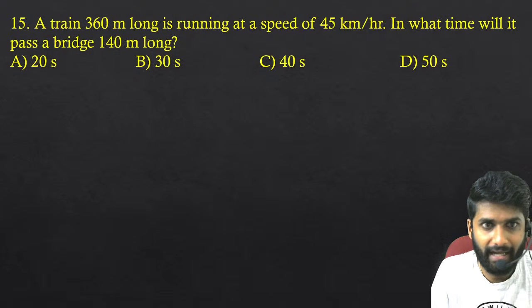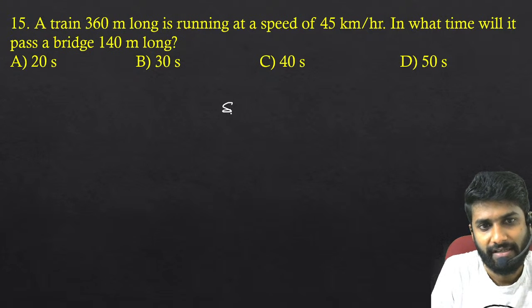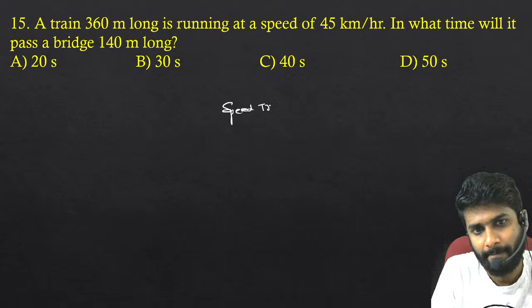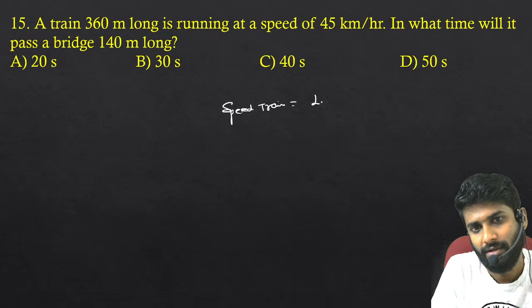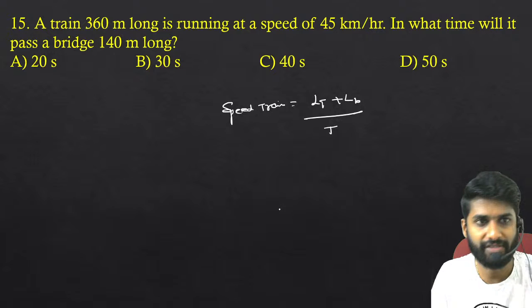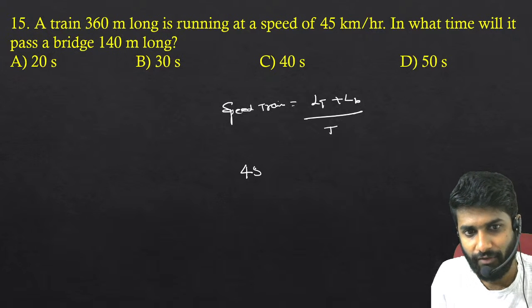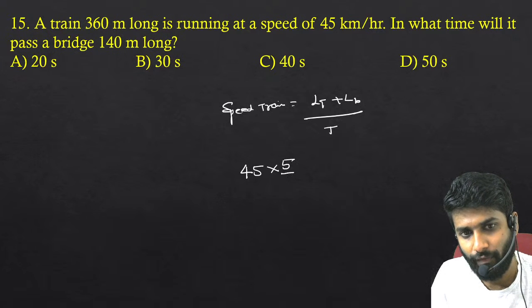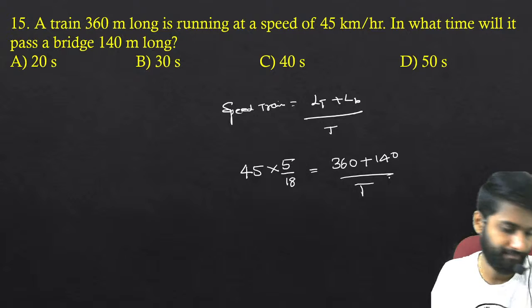Now see, a train crosses a bridge. Speed of train is exactly equal to length of the train plus length of the bridge divided by time taken to cross the bridge. Now see, speed 45 kilometer per hour into 5 by 18 is exactly equal to 360 plus 140 by t, we need to find the time.